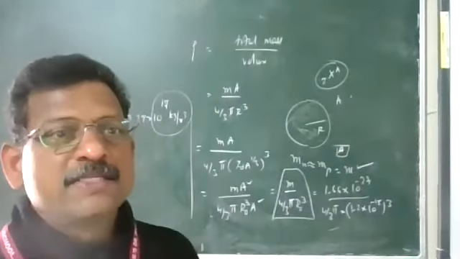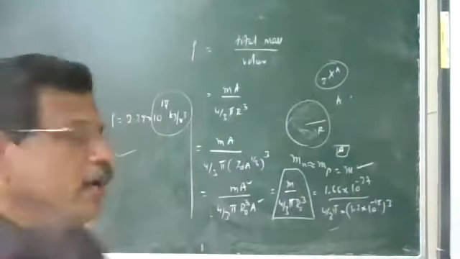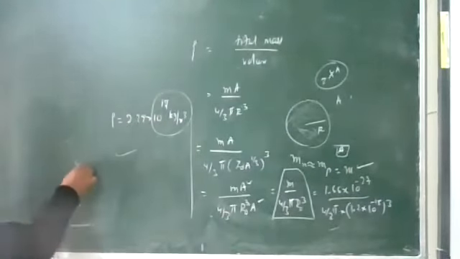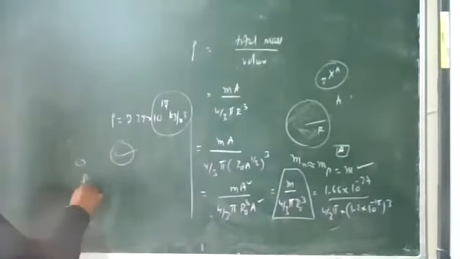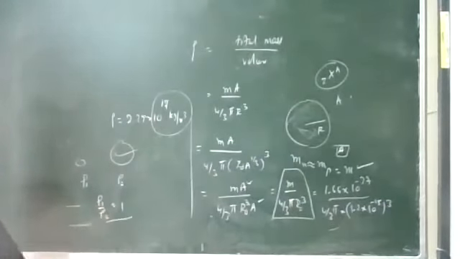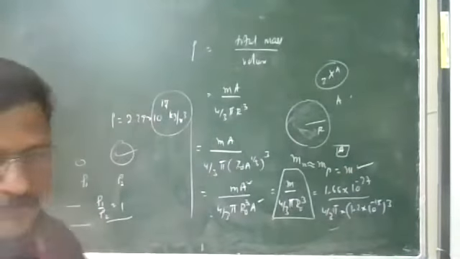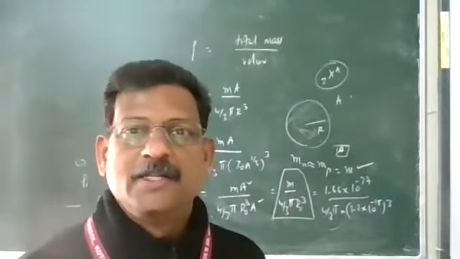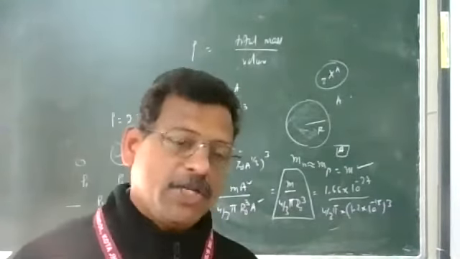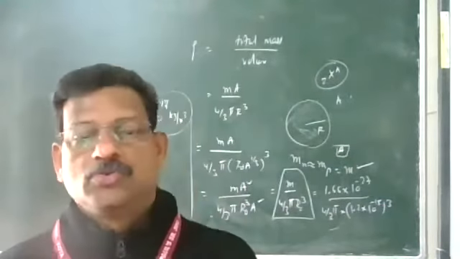So the ratio of nuclear densities, rho 1 by rho 2, is equal to 1, because it is independent of mass number. The ratio remains the same. This was also part of the concept.